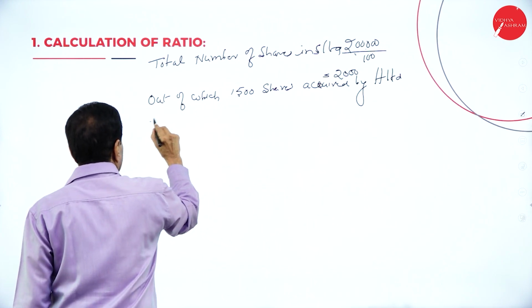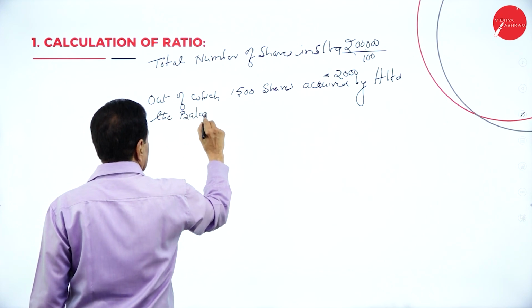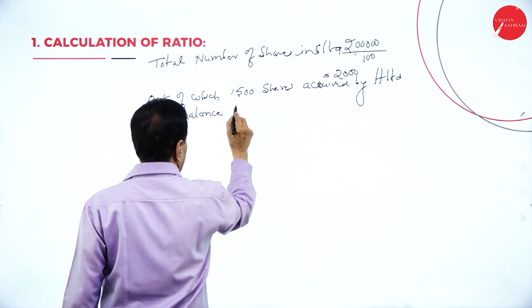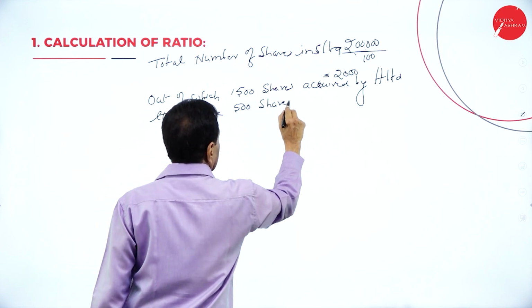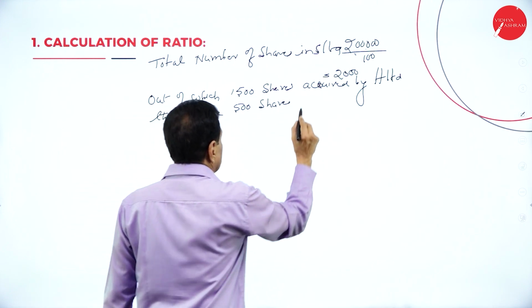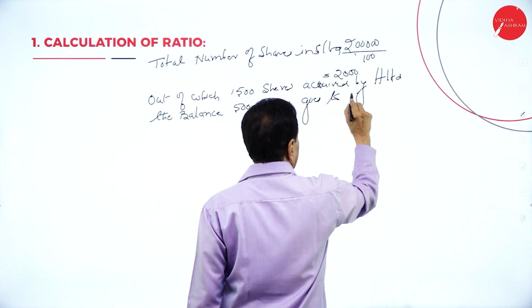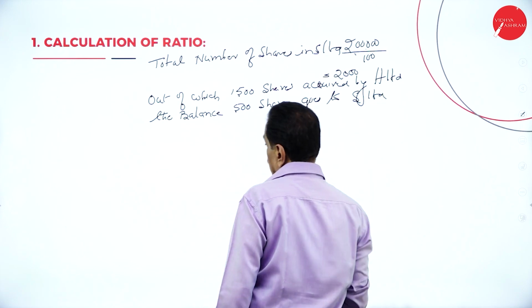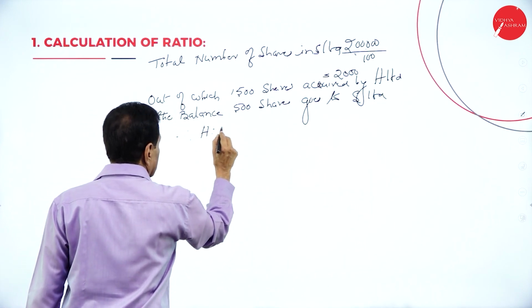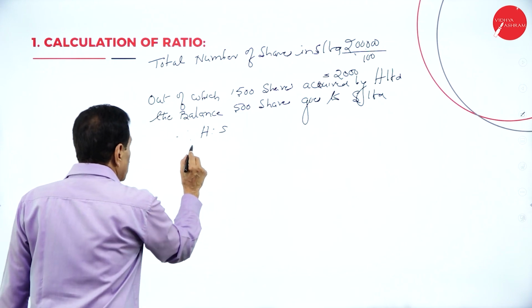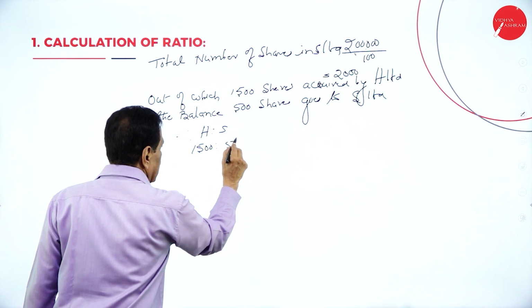The balance 500 shares goes to S Limited. Therefore, H is to S, 1,500 is to 500.